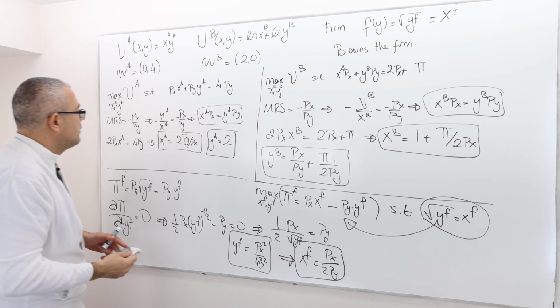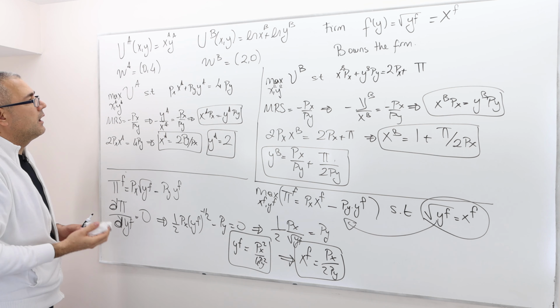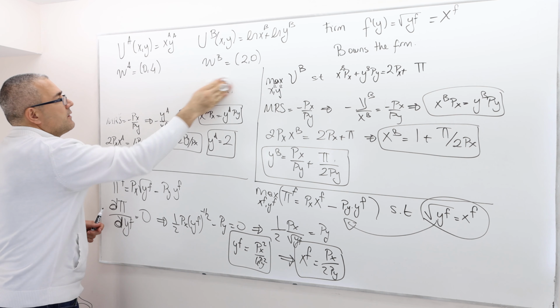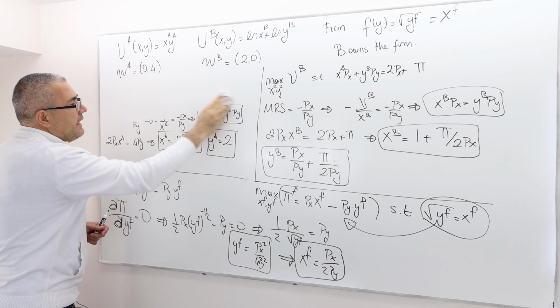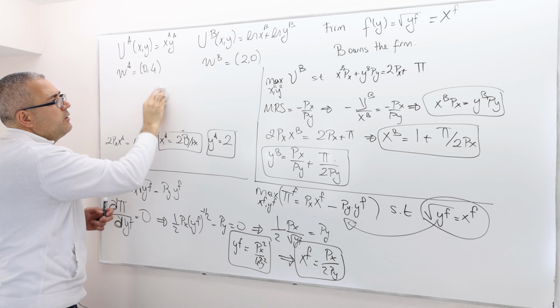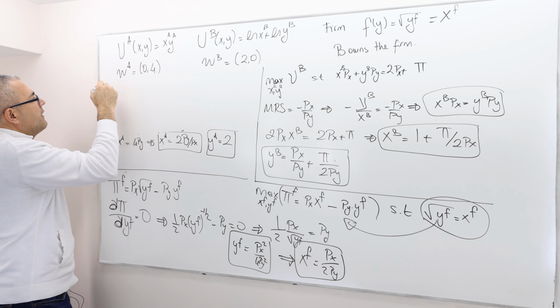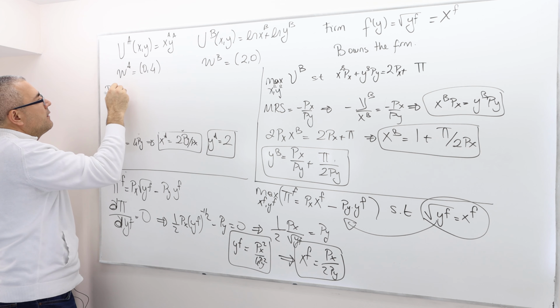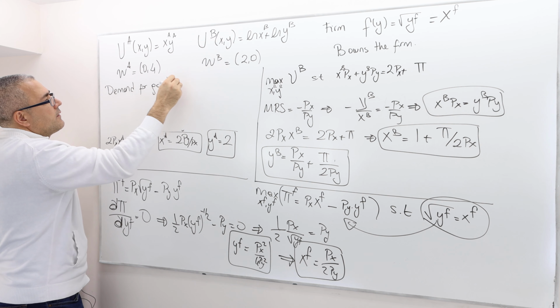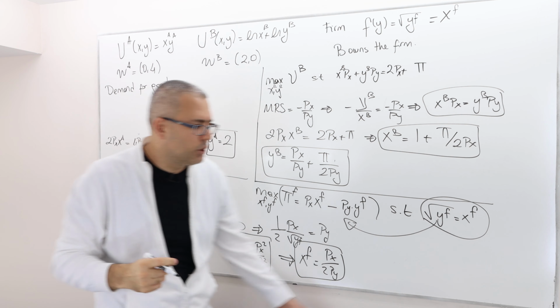Now I'm going to do the second part of Walrasian equilibrium, which is market clearance. But first, I need to summarize, because I will use it, the market demand, the total demand for good X. So who demands good X?